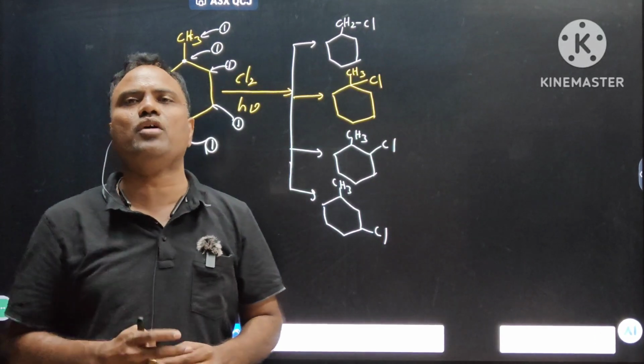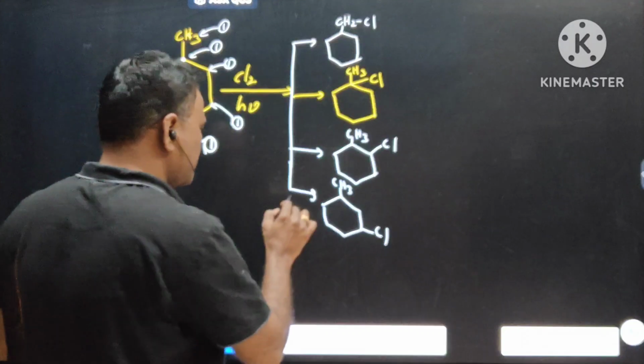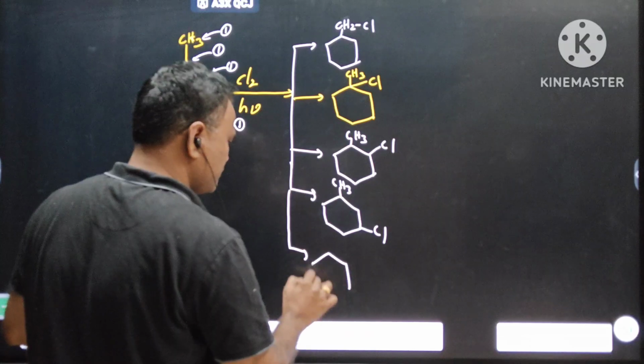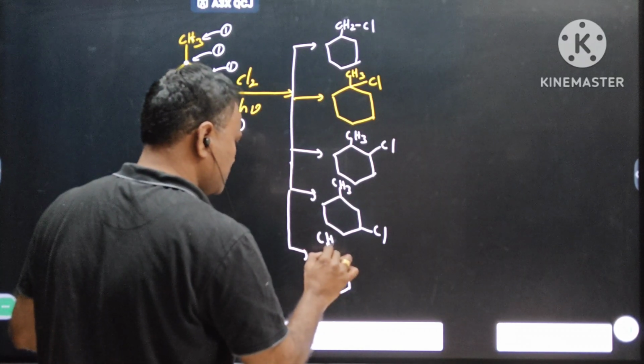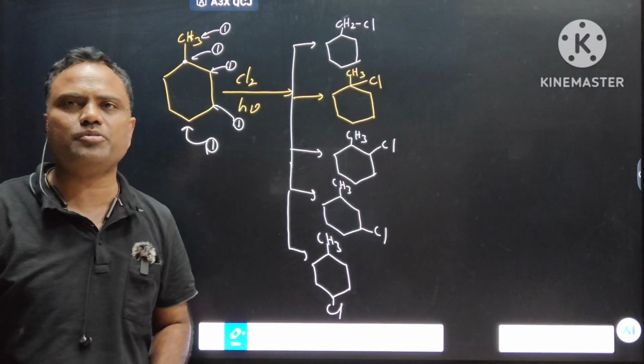Monohalogenation means at a time you have to remove one hydrogen, clear? And you have to place the halogen, CH3Cl.